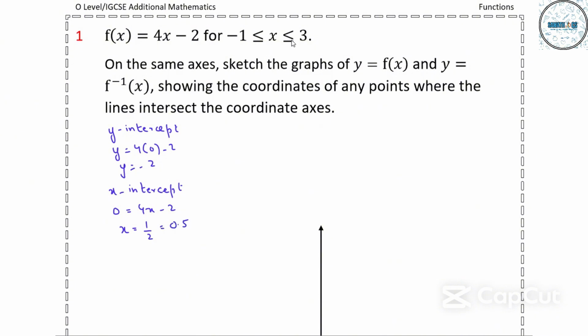The range is from -1 till 3. We will substitute these values as well to find out the coordinates. So when we substitute x as -1, then the y value is -6. And when we substitute x as 3, then y is 10.